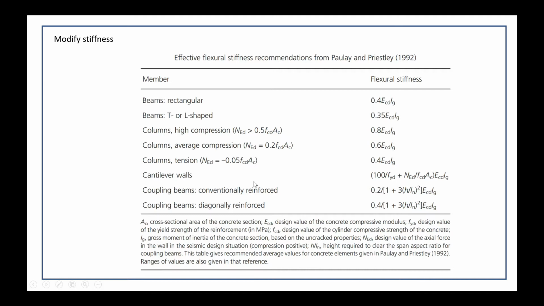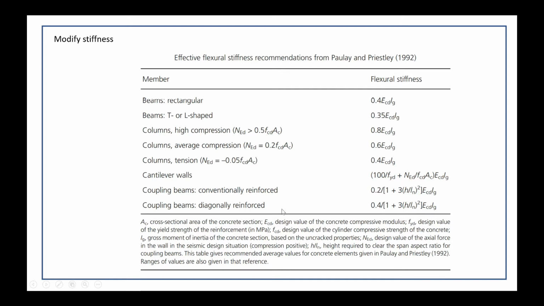And for the cantilever wall, you have to use the formula to check the modified flexural stiffness: 100 over FYD. FYD is FY, the strength of steel, divided by the safety factor, and NED, the ultimate load applied on the column, divided by FCD multiplied with AC, and multiplied with the ECD IG. For the coupling beam with conventional reinforcement, we use the formula to estimate the flexural stiffness.